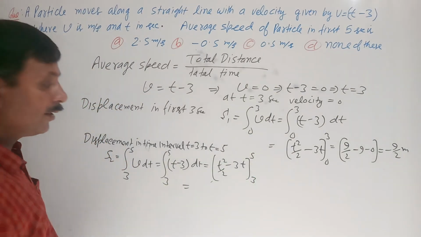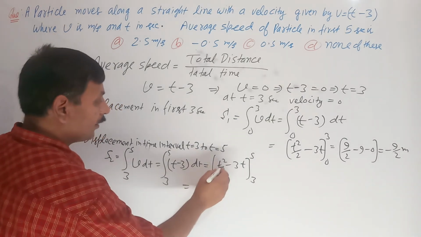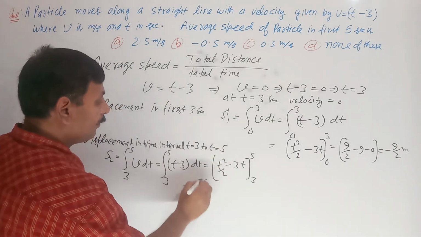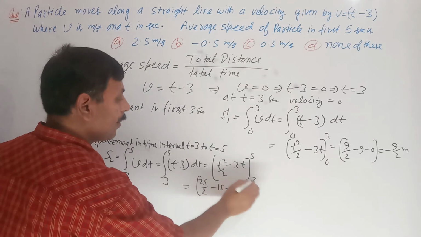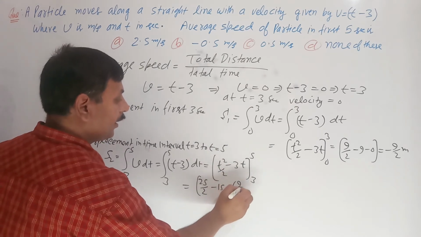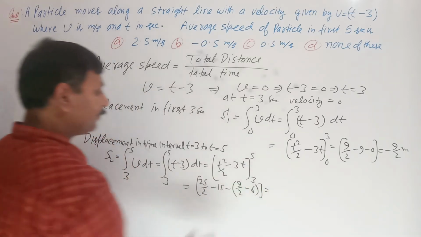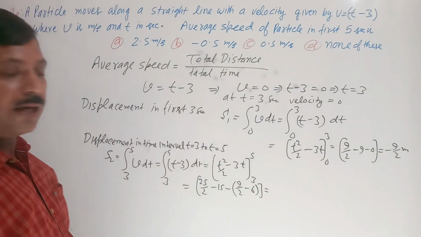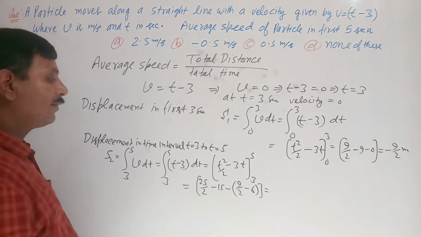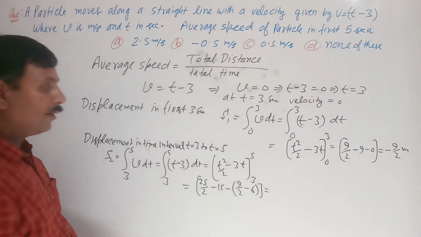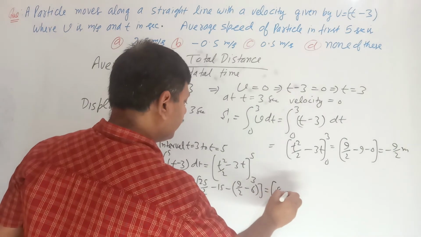What will be the result? See here, 5 square, 25 by 2 minus 15, minus 9 by 2 minus 9. 25 by 2 minus 9 by 2, 25 minus 9 is 16 upon 2, that is 8.